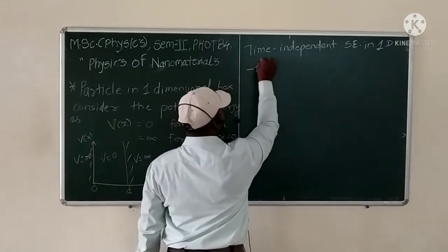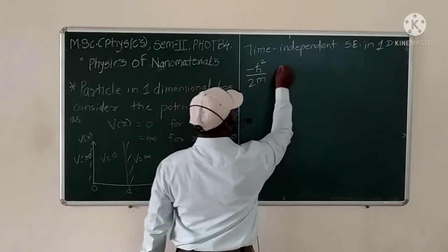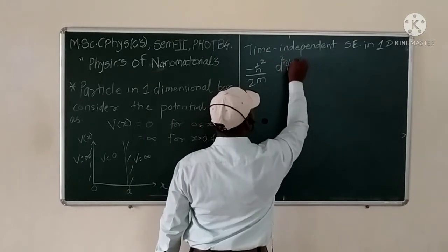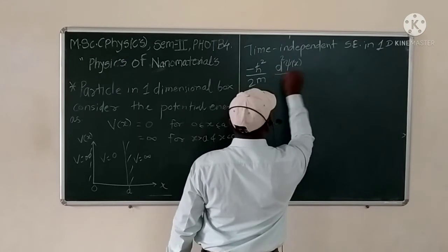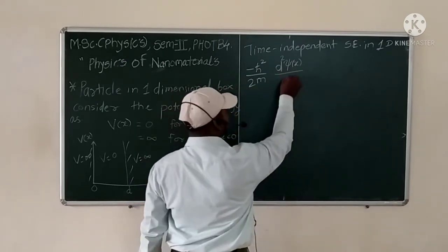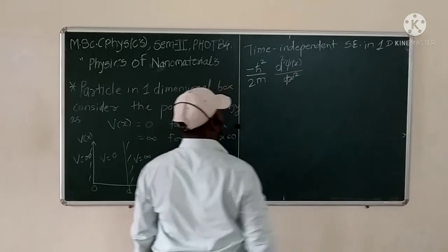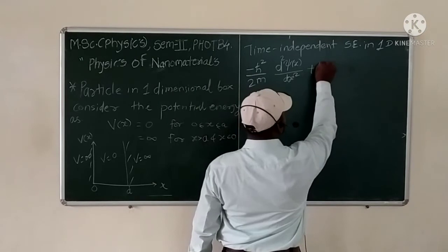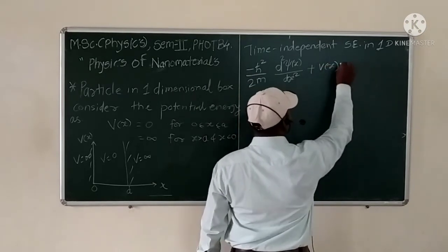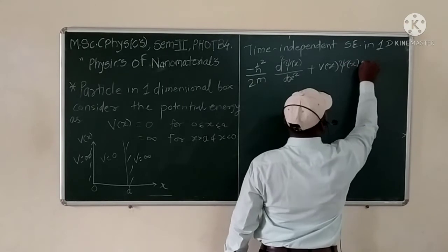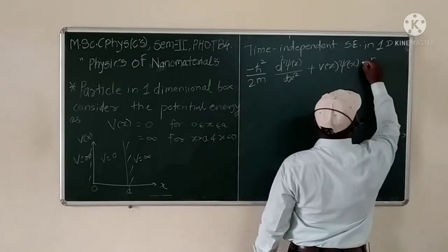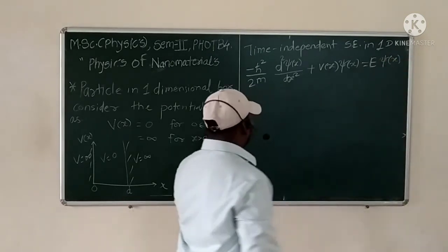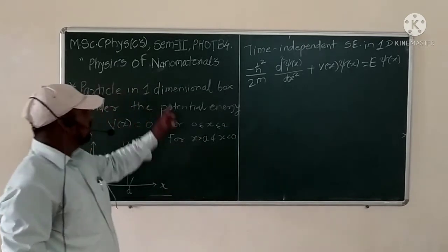It can be written as minus h cross squared by 2m, and as it is in one dimension, the wave function psi depends only on the x variable, so we write the total derivative, d2 psi of x by dx squared, not the partial derivative. We write the total derivative here, plus the potential V of x, which is time independent, times the wave function psi of x, and finally on the RHS it is E psi of x. This m represents the mass of that particle.